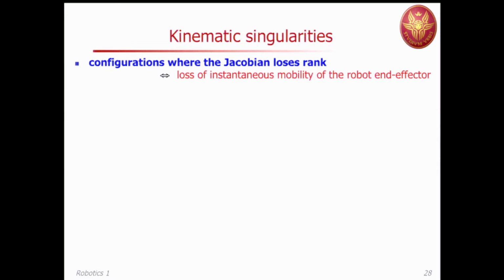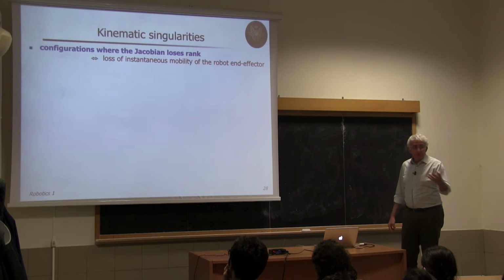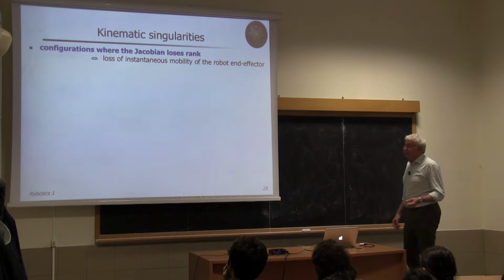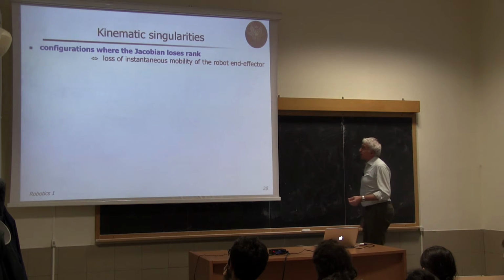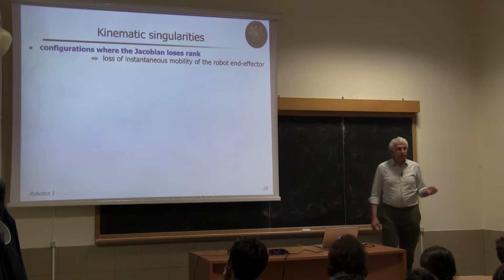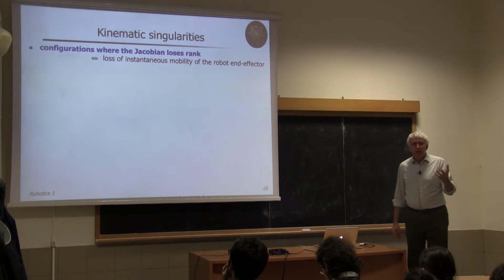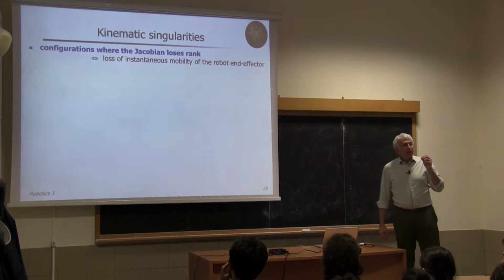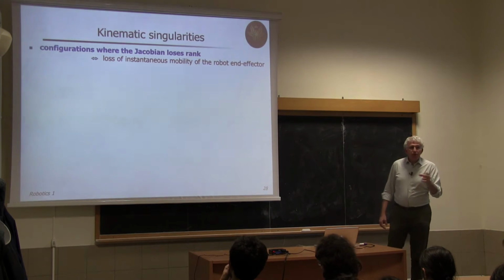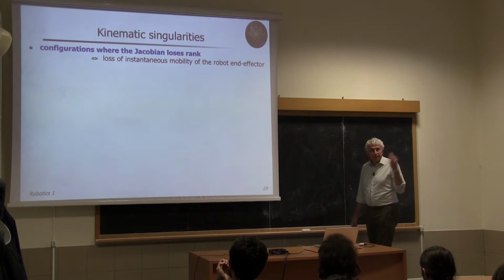Associated to this configuration, there is a loss of instantaneous mobility, so at the velocity level of the robot end effector, or of the task variable velocity that we are considering. So in the classical case, this means that there are some directions in the Cartesian space that cannot be accessed with a non-zero velocity instantaneously.